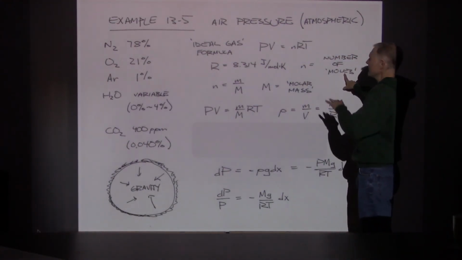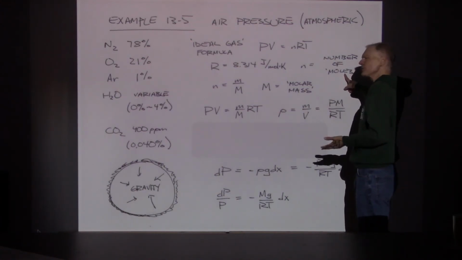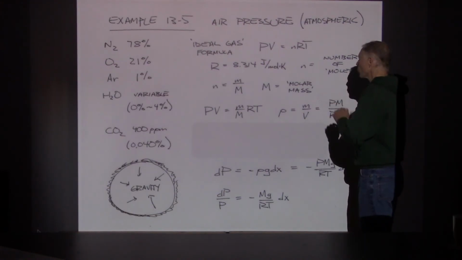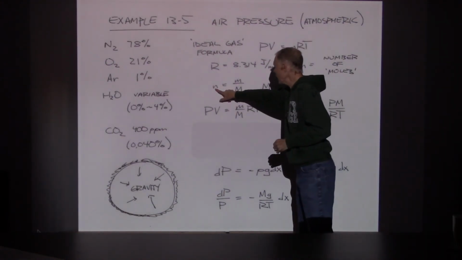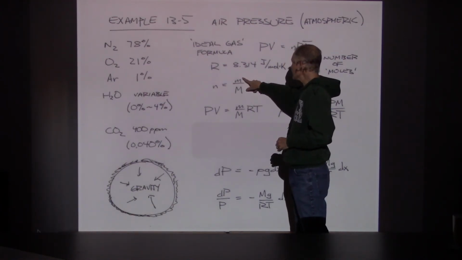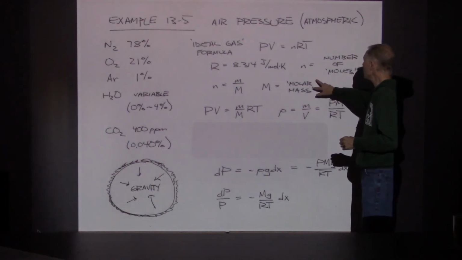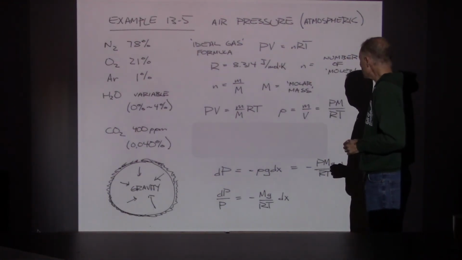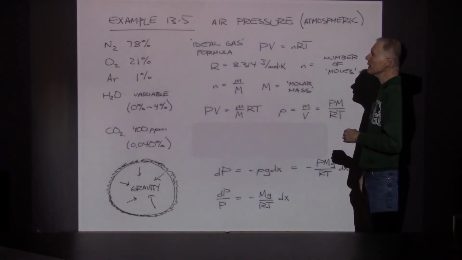This is something called the number of moles. I'm guessing you've seen that in physical science classes, maybe, maybe not. Again, it's not required at this point. We can calculate the number of moles in a sample by taking the mass of the gas sample and dividing by what we call the molar mass. You can determine those from the periodic table.